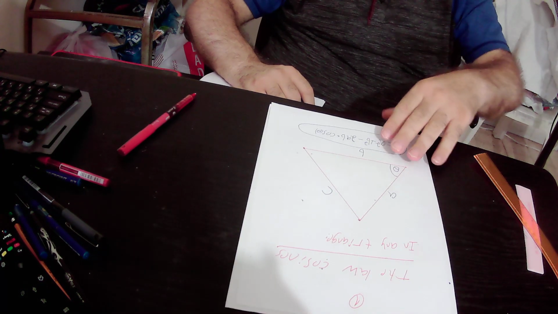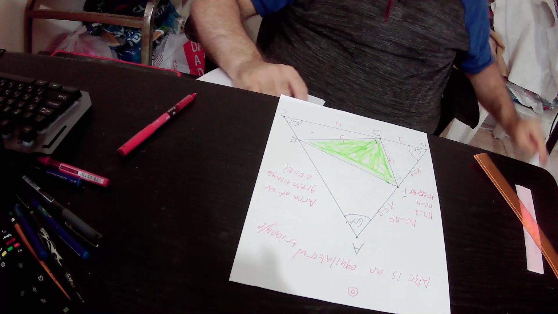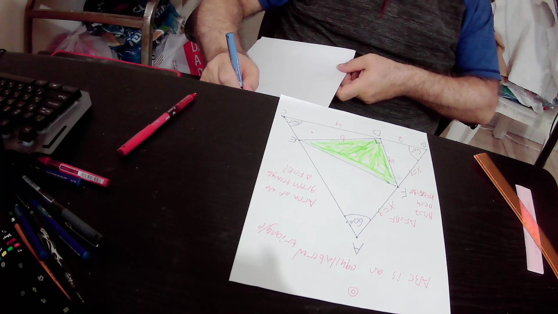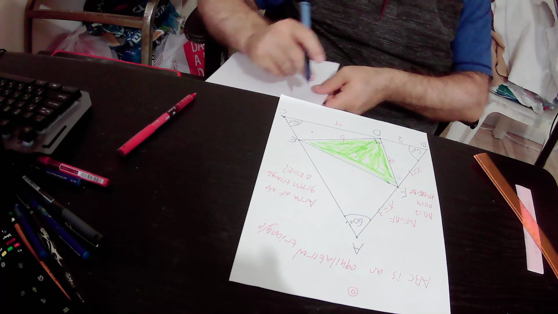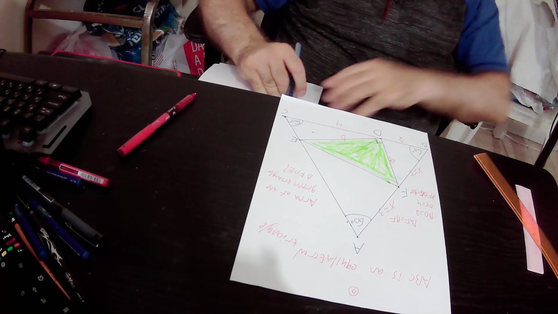So we can implement the law of cosines in the small triangle BFD, this triangle.